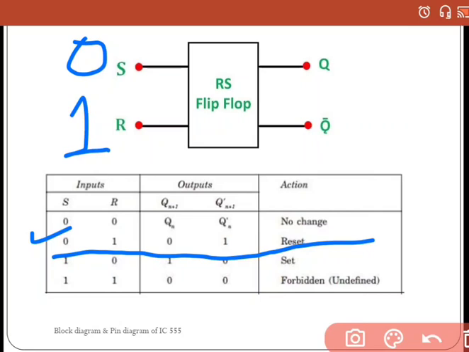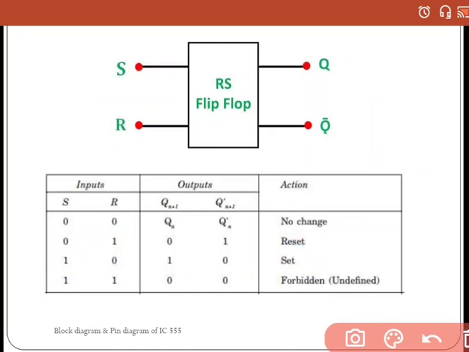Q value is 1, and this output is nothing but the inverted value, Q bar. That means this is 1. If R is equal to 1 and S is equal to 0, it will reset this flip-flop.